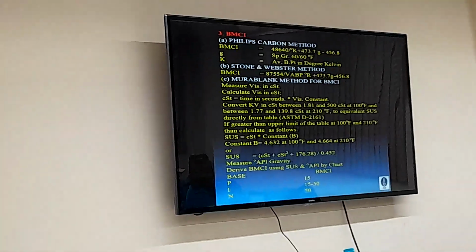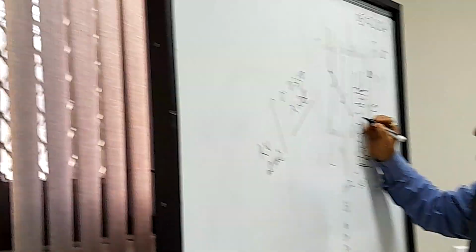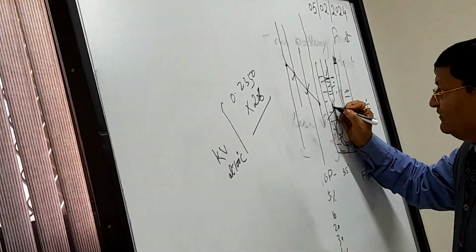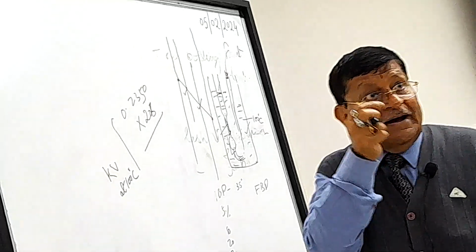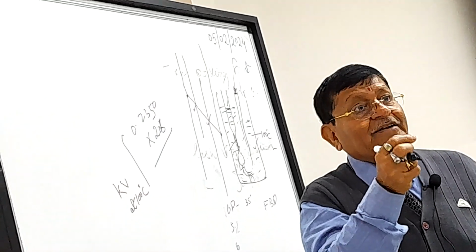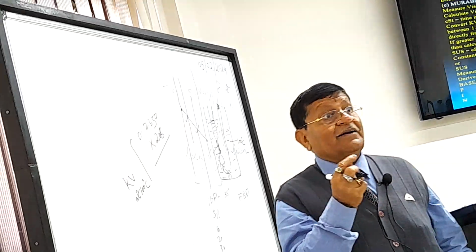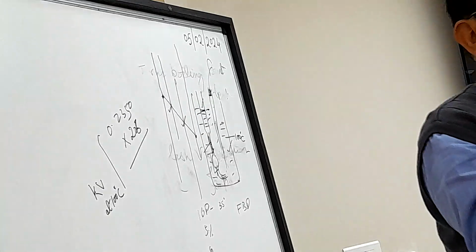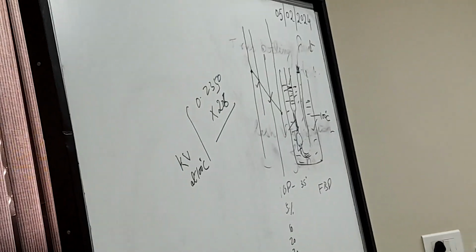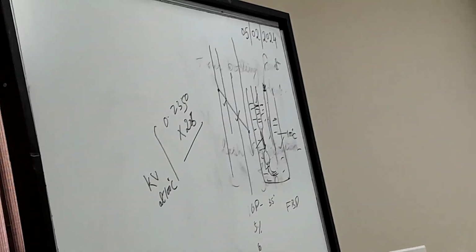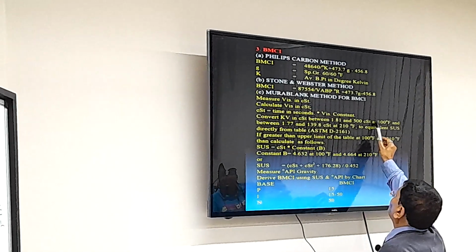And then the Murphy-Blend method is based on the capillary size; according to the capillary diameter, the constants are different. So you have to select the viscometer which should take 200 seconds to flow in this range.